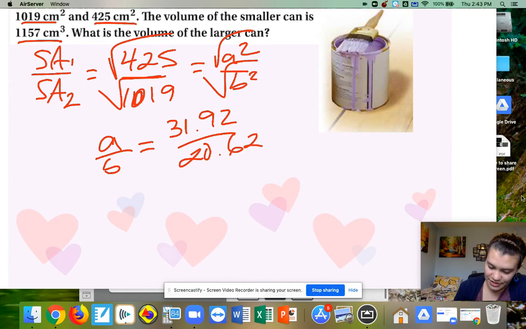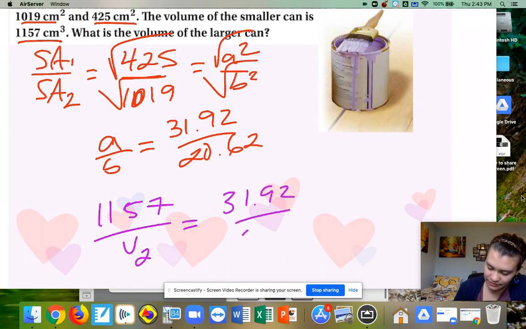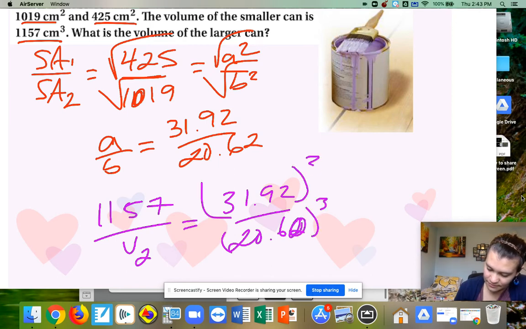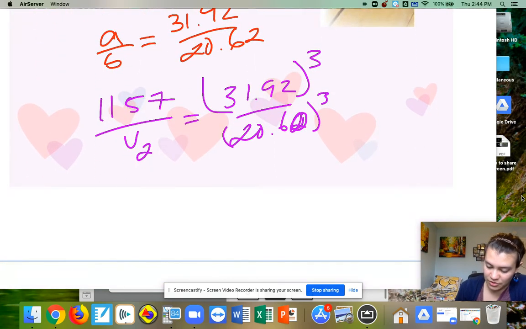And then you can use this to figure out the volumes. So the volume of the small one is 1157. We want to find the volume of the other one. So you can use your scale factor, and we're going to cube these and then solve. To solve this, you can cross multiply.